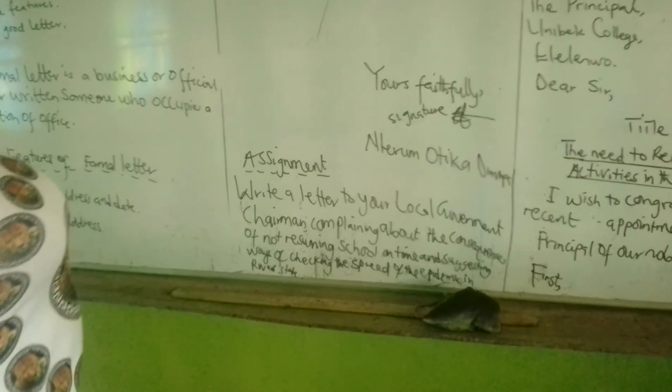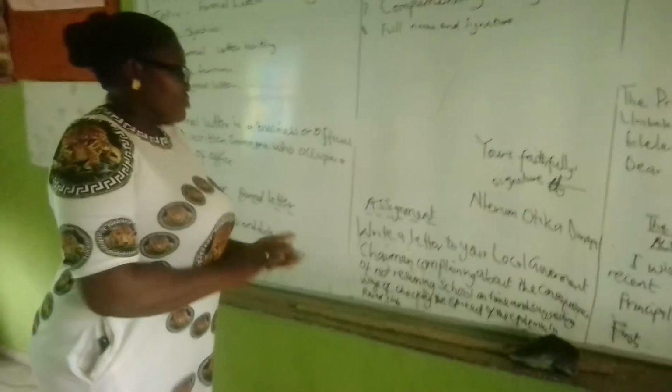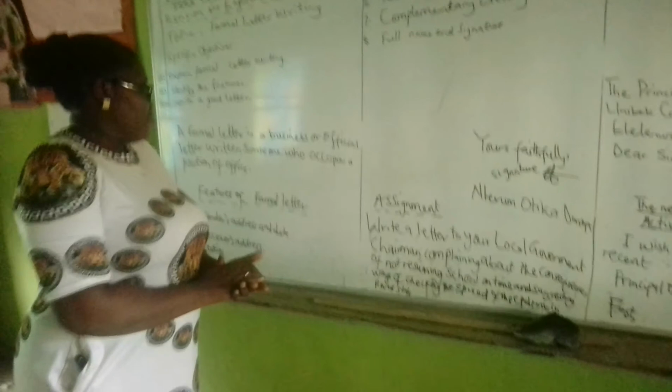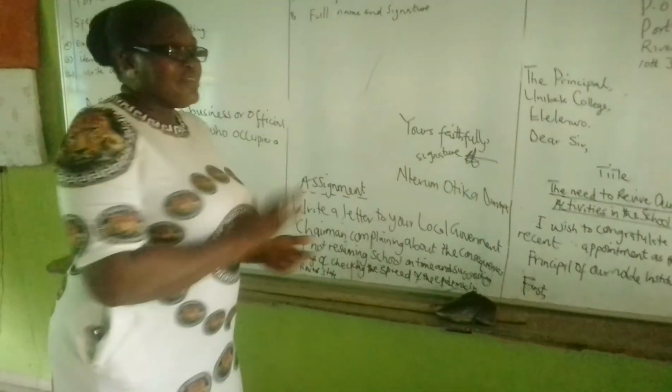So write a letter to your local government chairman complaining about the consequences of not resuming school on time and suggesting ways of checking the spread of the epidemic in Rivers State.